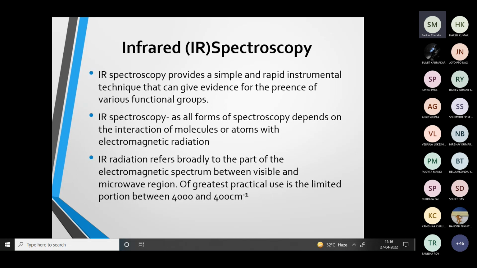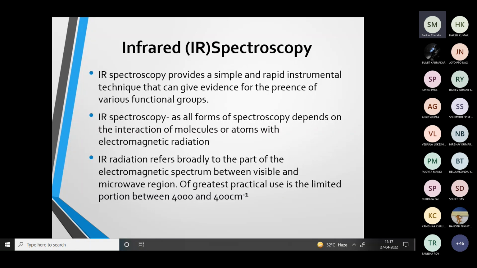If we express this energy in terms of wavelength lambda, that is quite difficult to remember, but it is easier if we express it as 1 by lambda, that is nu bar, in centimeter inverse. We can measure from 400 centimeter inverse to 4000 centimeter inverse.